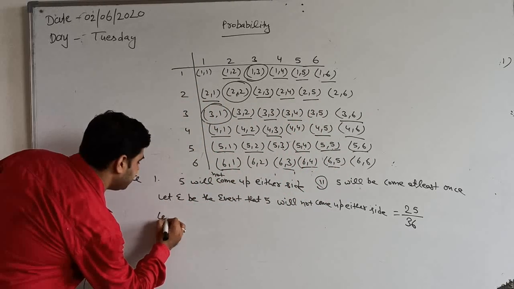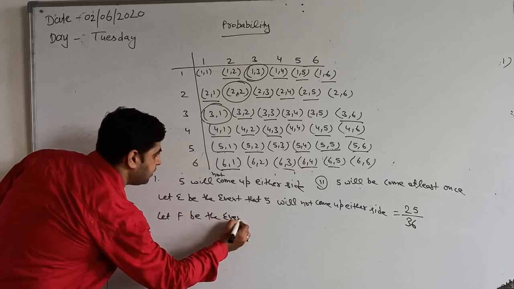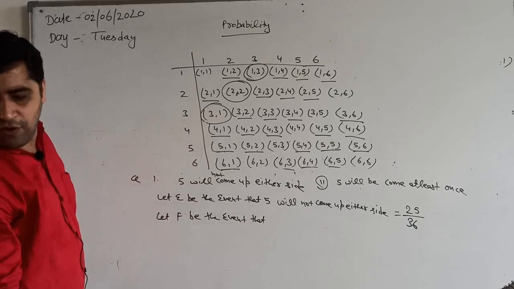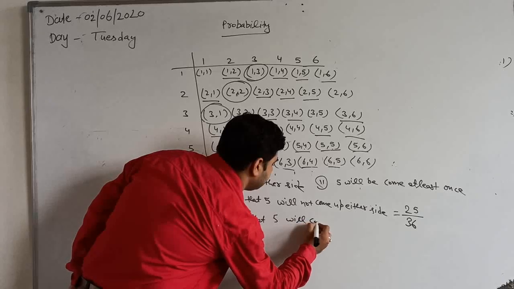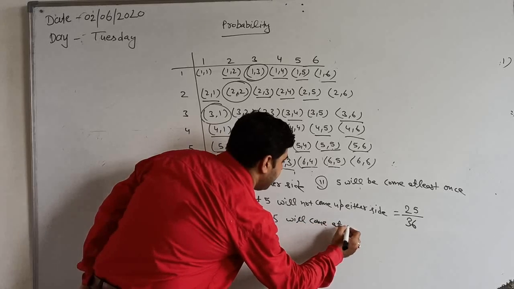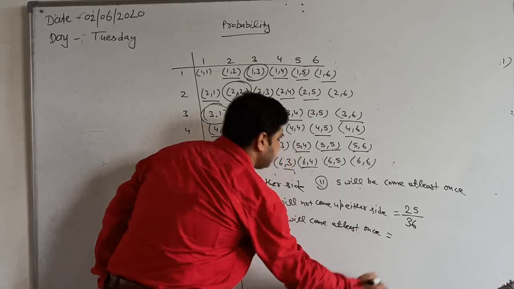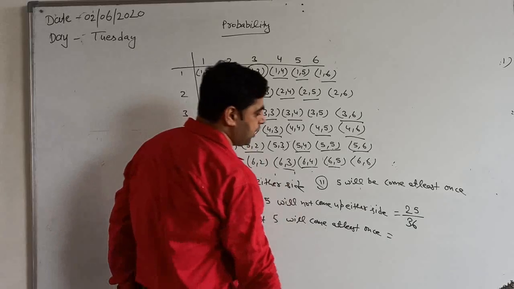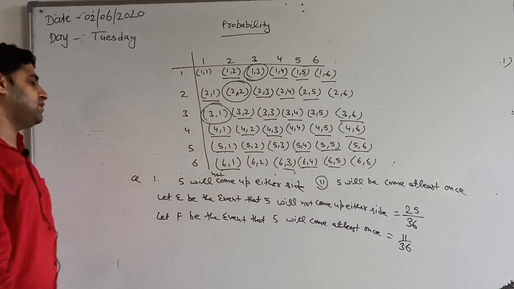So let F be the event that 5 will come at least once. At least once means 1 time and maximum 2 times. So here 11 by 36.